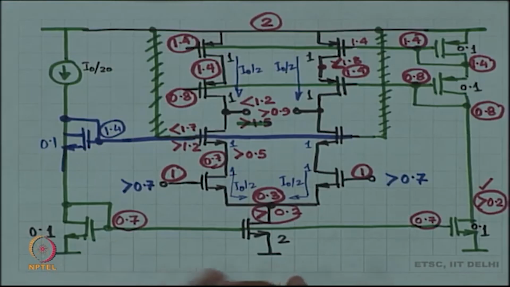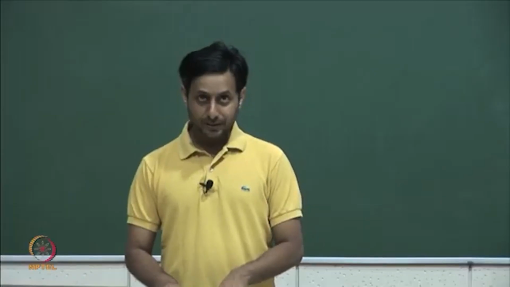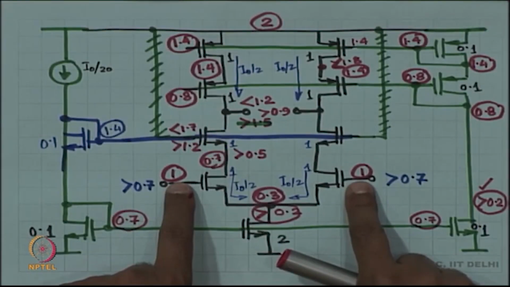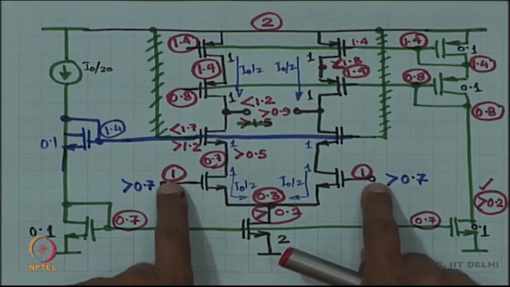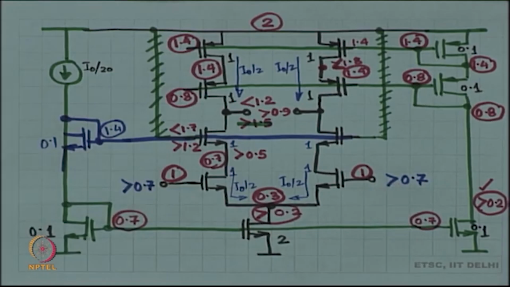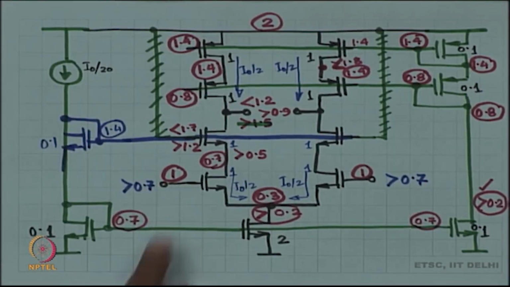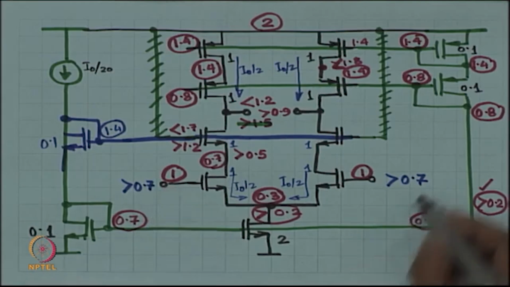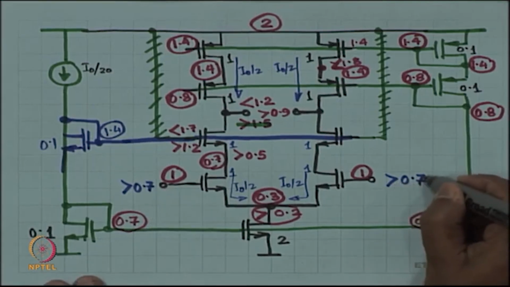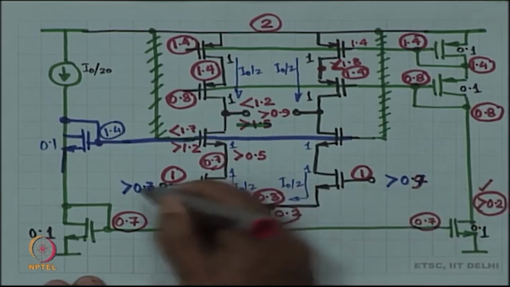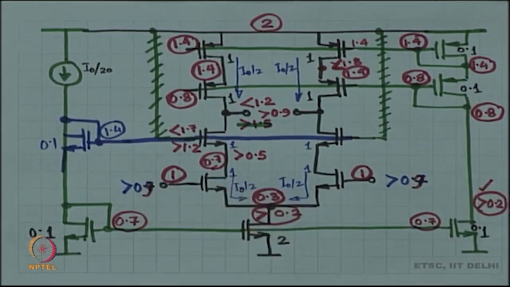It is not a lot of room, and that too my input is exactly at 1 volt, right. It is not at the lowest limit, it is just 100 millivolts above the lowest limit. What was the lowest limit? Sorry, this is not 0.7, this should be 0.9. Okay, the lowest limit is 0.9.